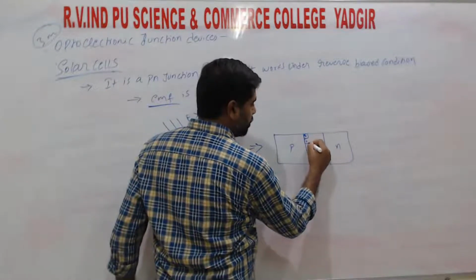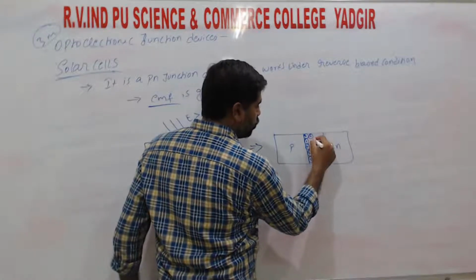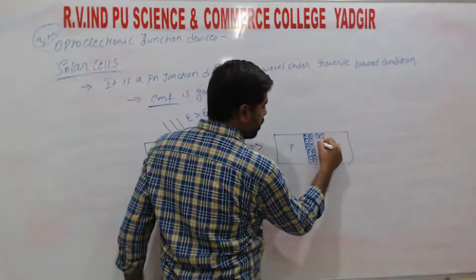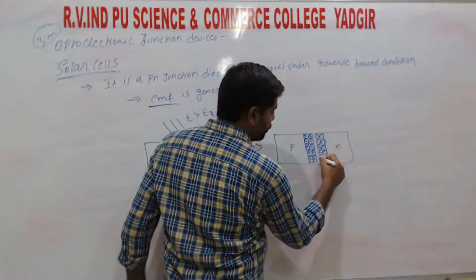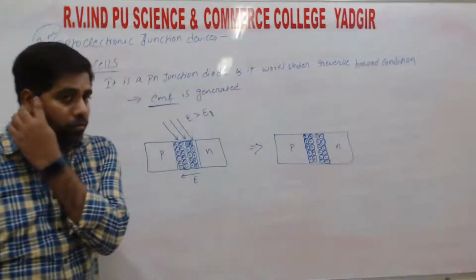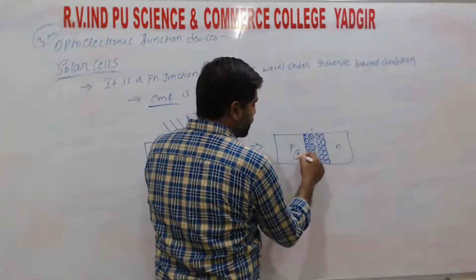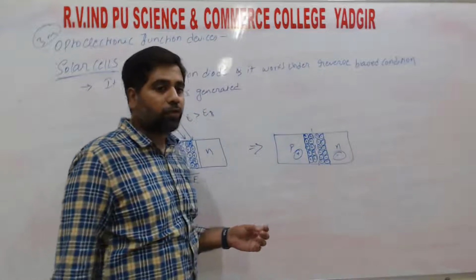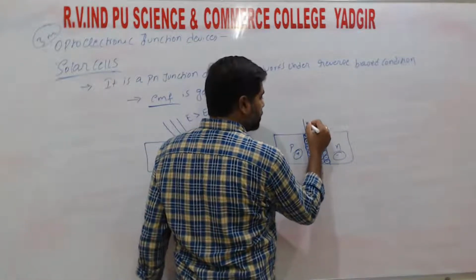So here the holes move towards the P region and electrons move towards N region, right? So then if you observe here, this complete region becomes positively charged and this complete region is negative, right?